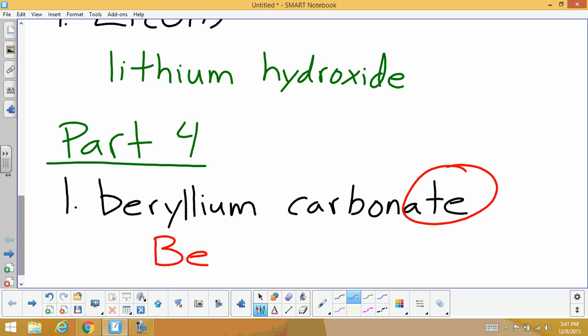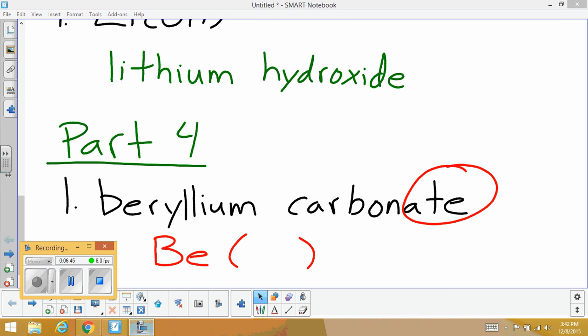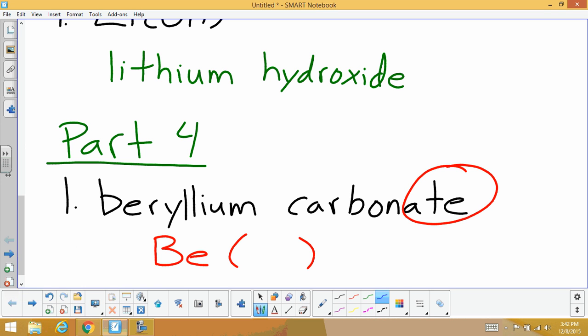Then we put our parentheses, since our parentheses are important. And we've got to put our symbol in for carbonate. So we have carbonate. We look on that lilac sheet. We find it to be CO3.